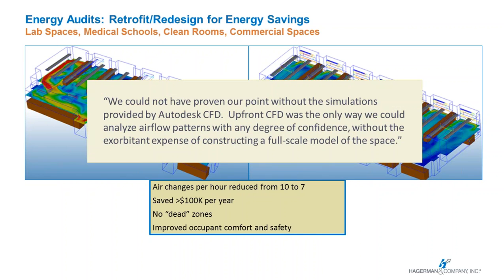The report that we got back from the sponsoring manager for this was we could not have proven our point without the simulations provided by Autodesk CFD, upfront CFD, and I'll explain what we mean by upfront CFD in a second. It's not a product, it's more where does CFD fit in the process, but upfront CFD was the only way we could analyze airflow patterns with any degree of confidence without the exorbitant expense of constructing a full-scale model of the space.